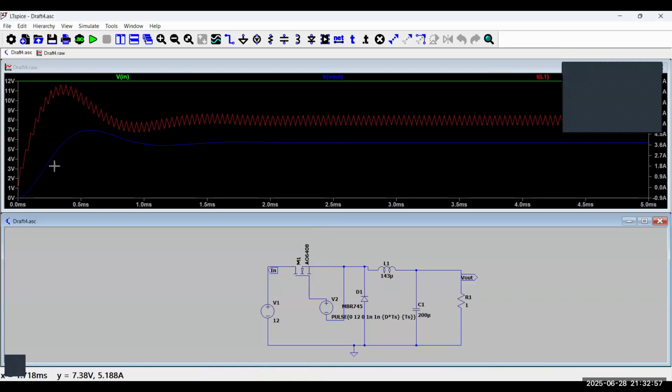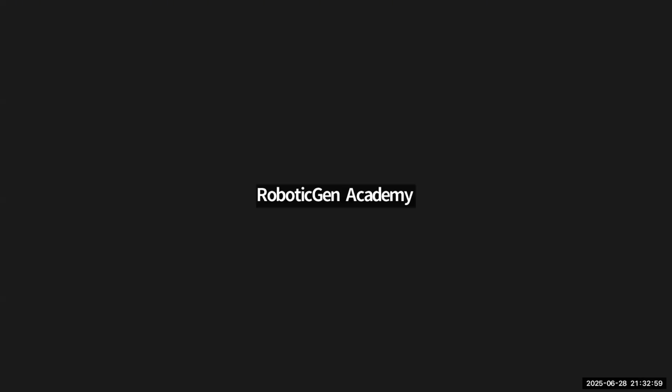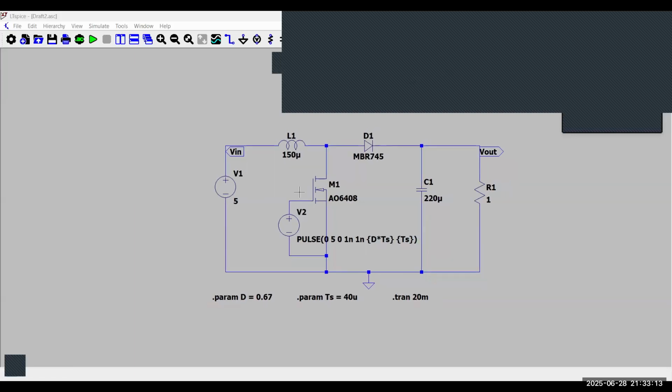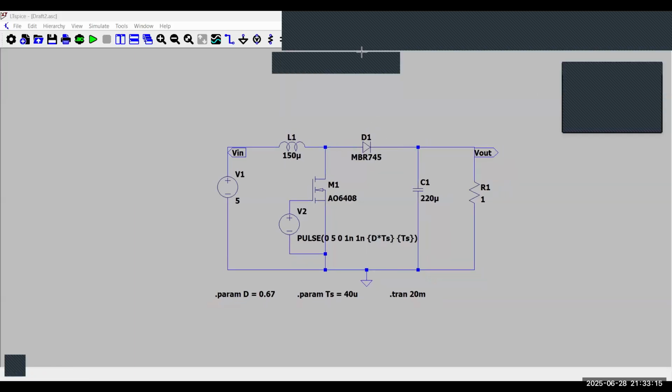Also I have a simulation for the boost converter.